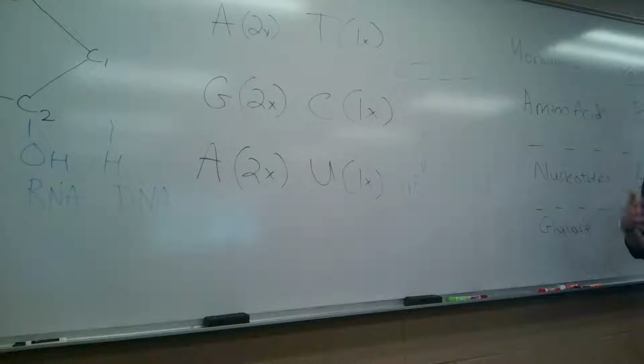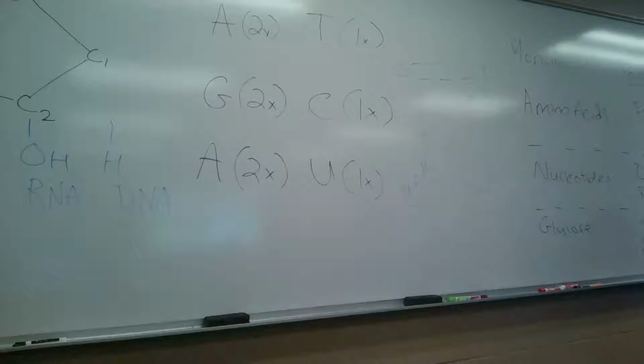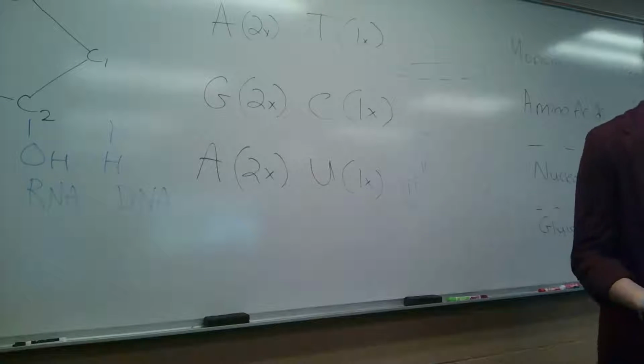We know that hydrogen bonds hold the two strands together, but there are no hydrogen bonds within a single strand. We know that these are all covalent bonds. So the bonds that hold together the single strand of nucleotides of DNA and RNA are called phosphodiester bonds.